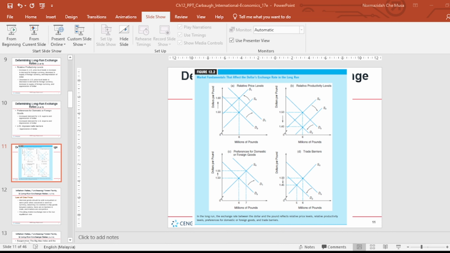So that happened both ways simultaneously. Here also, raising the productivity level in the United States has made US products more expensive, and more expensive means that it's not easy to export to the UK, and buying more from the UK because UK product is cheaper than the domestic product. So that's why.